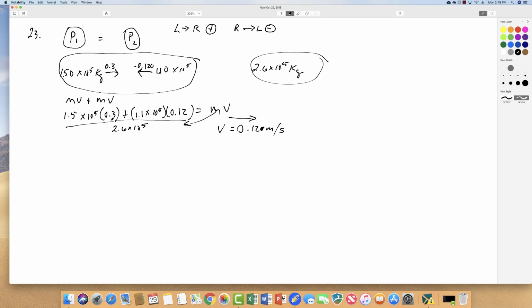So doing the math out here, you have 1.5 times 0.3, that's 4.5 times 10 to the fourth, plus a minus 1.32 times 10 to the fourth. You put those together, you end up with 3.18 times 10 to the fourth over 2.6 times 10 to the fifth. And you can see if you divide these two numbers into each other, you get something like that.